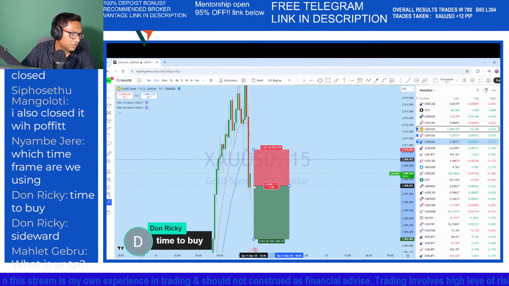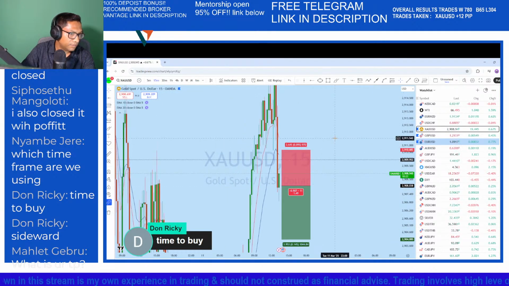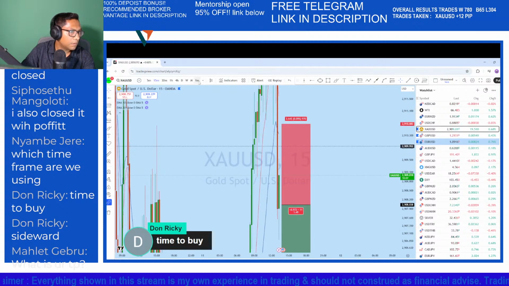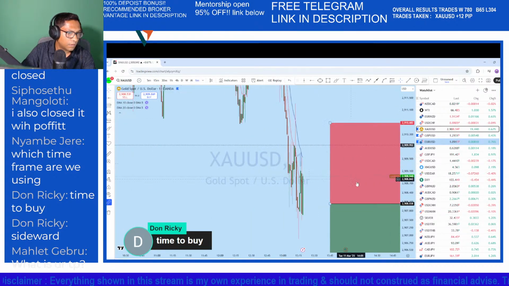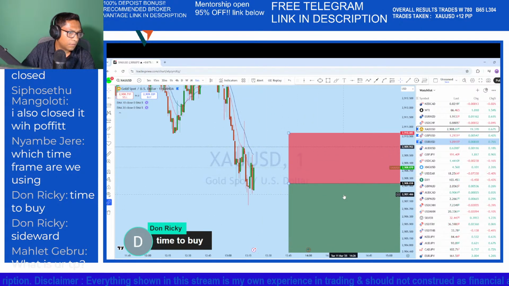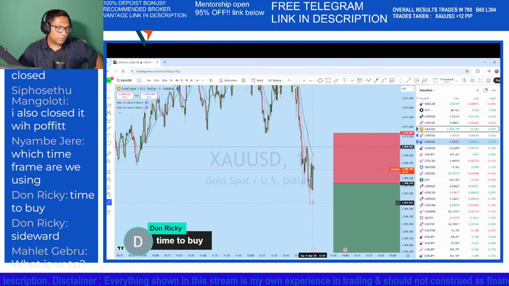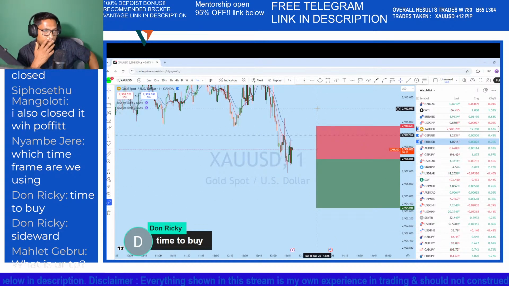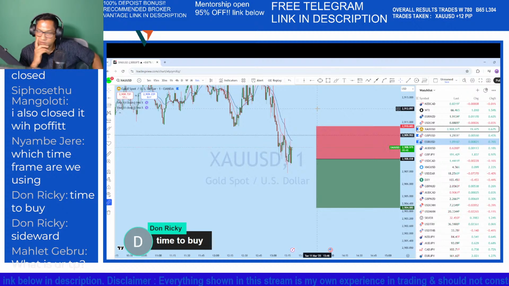Unusual bounce. Okay, so would like to see the break in the downward pressure, but anything can happen.